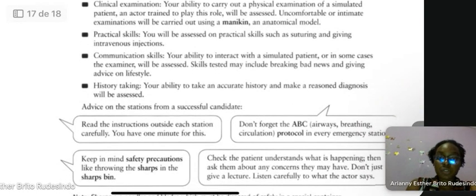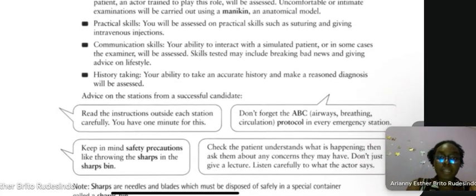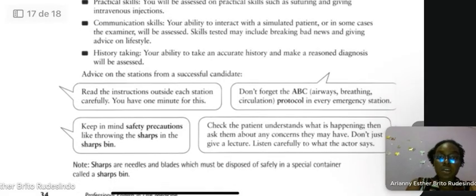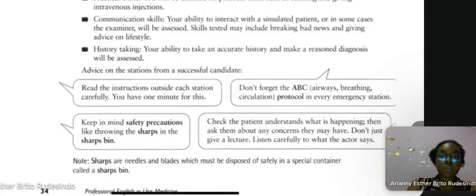Practical skills: you will be assessed on practical skills such as suturing and giving intravenous injections. Communication skills: your ability to interact with a simulated patient, or in some cases, the examiner, will be assessed. Skills tested may include breaking bad news and giving advice on lifestyle.